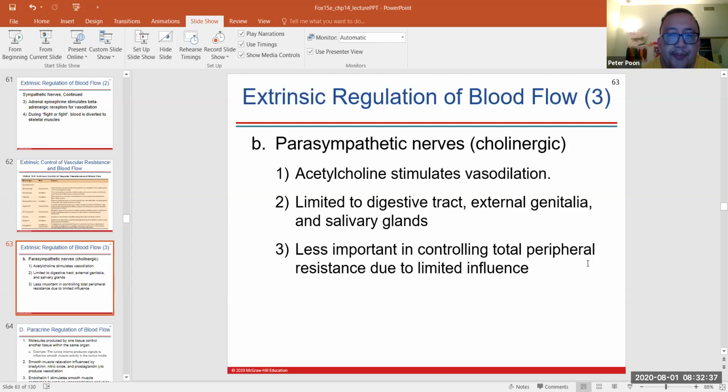Acetylcholine stimulates vasodilation, limited to the digestive tract, external genitalia, and salivary glands.